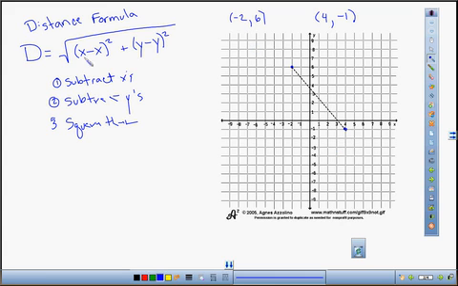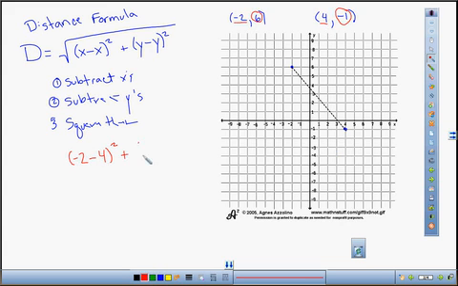If you do not have graph paper, though, the distance formula will actually do it for you without having to graph it. I just need to subtract my x's. So first I've got to figure out what my x's are. First x is a -2, second x is a 4. So I'm going to be doing -2 minus 4. That's going to give me my x's. Now I need to find my y's. My y's are going to be 6 and -1.